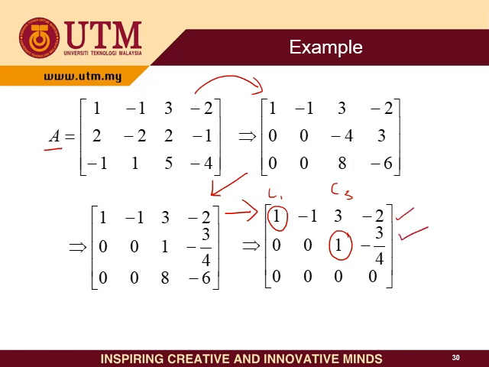And we can see the columns that we need to take note of, the columns that include the leading ones, which are column 1 and column 3, and we need to look back at the corresponding matrix A to find the basis for matrix A, which is column 1 and column 3.